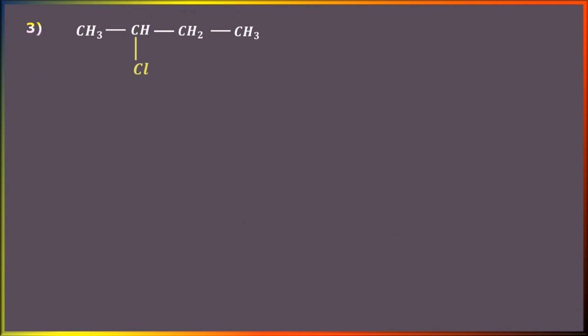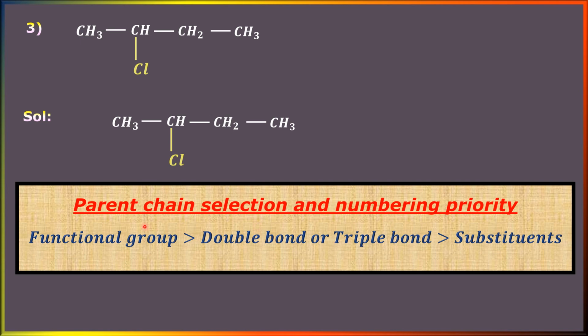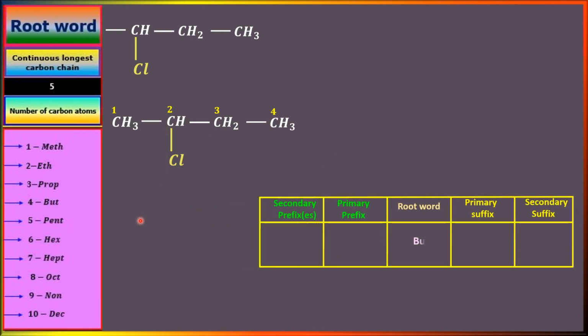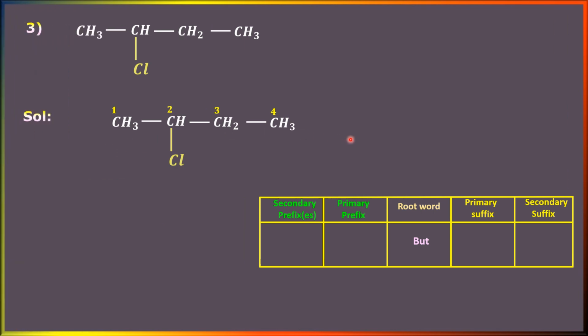Next, problem number 3, solution. Here to this chain one substituent, a chlorine atom, is attached. So numbering should be done in such a way that the carbon atom to which the substituent is attached should get the lowest number. For that reason, I am numbering from left to right. Root word but, 4 carbon atoms are there.